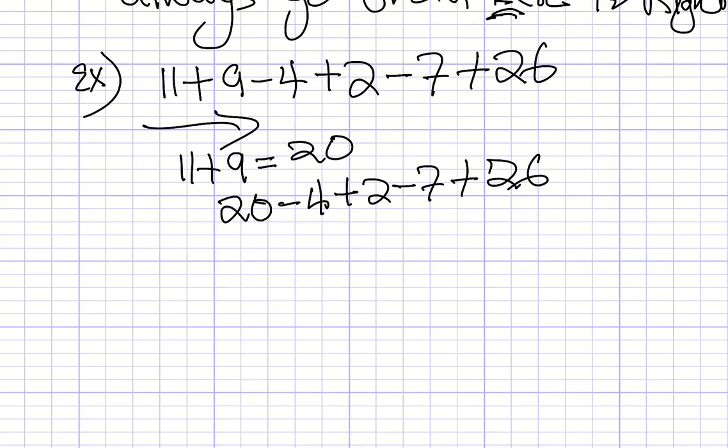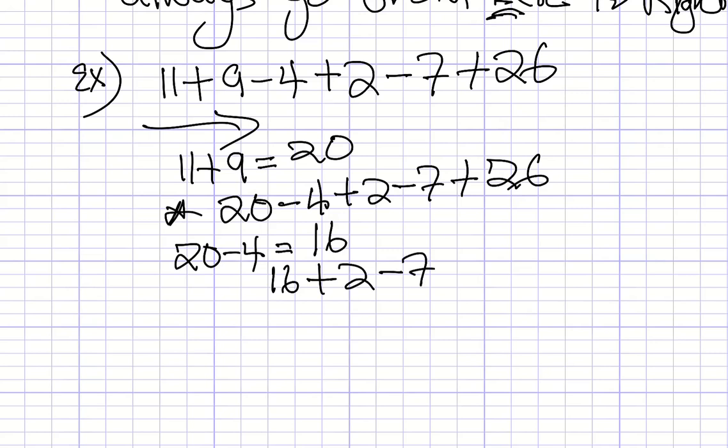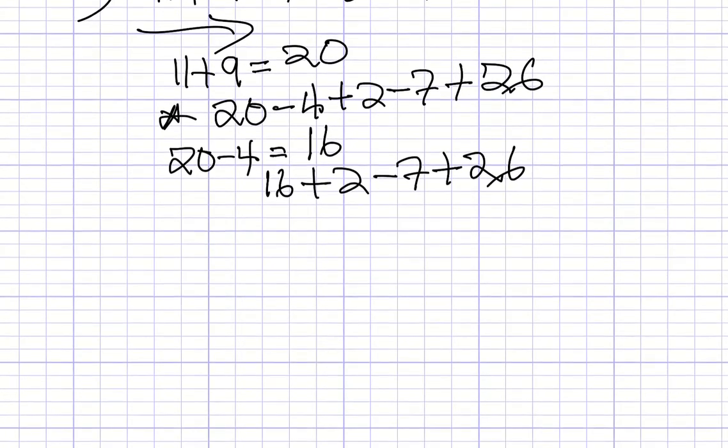Let me write that. 20 minus 4, you get 16. And you write the problem. You say 16 plus 2 minus 7 plus 26. You keep going like that, breaking the problem down until you finish it.